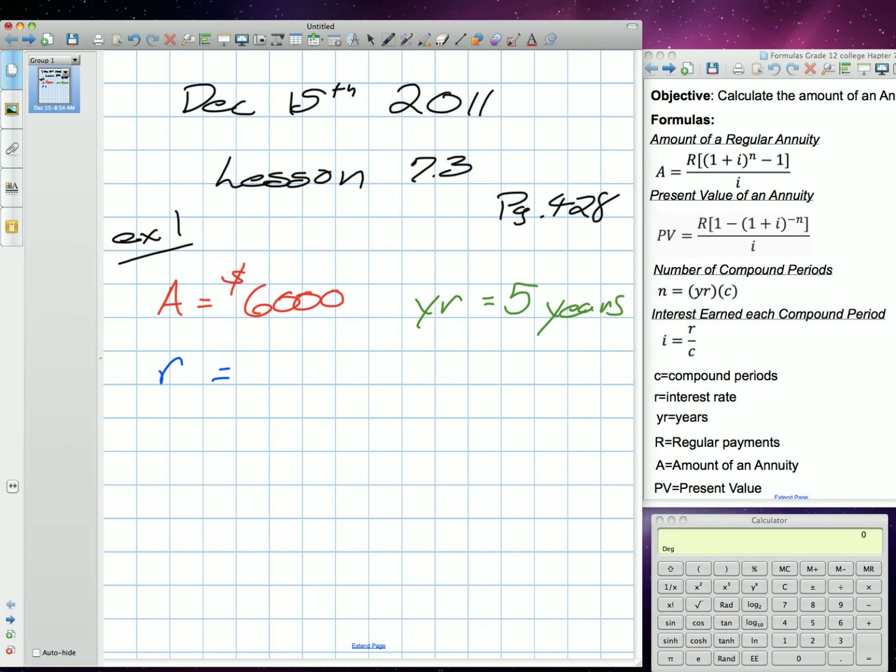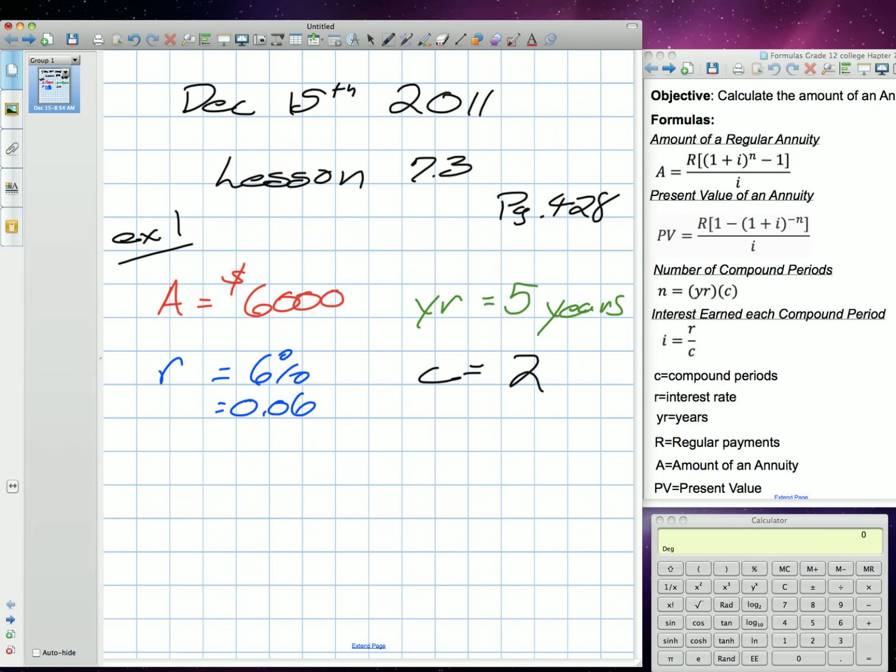And the compounding period in this question was semi-annually. So what does that mean in terms of C? Semi-annually. Anyone know what that means? Twice. Every 6 months that means, okay? So that means every 6 months, twice a year, semi. So we have our A, Y, R, C, and R.